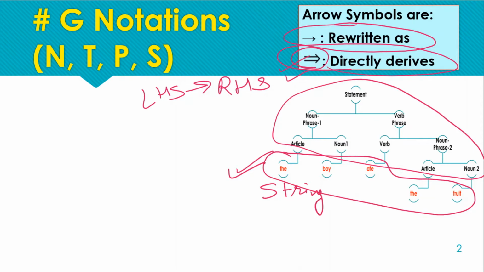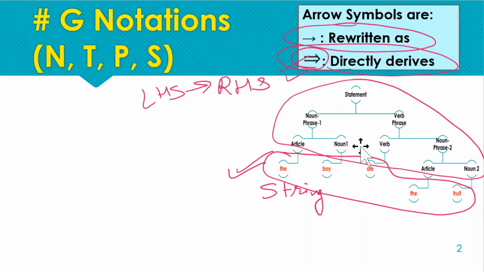The leaves of the tree are known as terminals, and internal nodes are the non-terminals, meaning internal nodes can be rewritten. Those that cannot be rewritten we call terminals, or the end point. So we derive the final result of terminals only by rewriting non-terminals or variables.